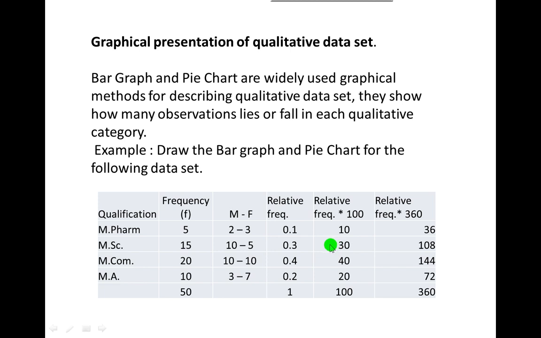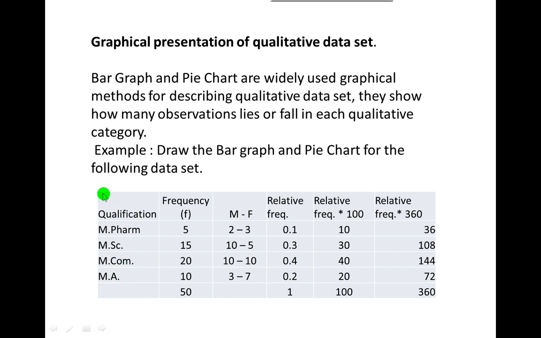First we will plot the bar graph. For bar graph we require only frequencies and categories of the variable qualification. This is the variable, and MPharm, MSc, MCom, MA are the categories of this variable.